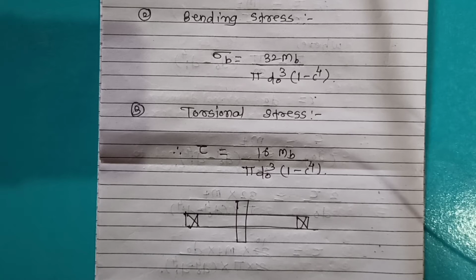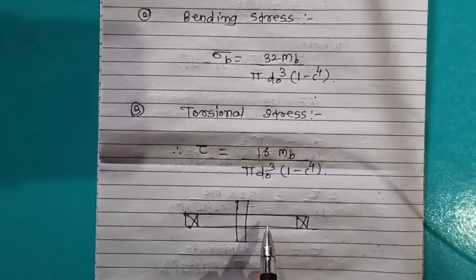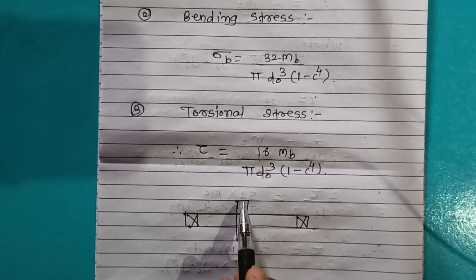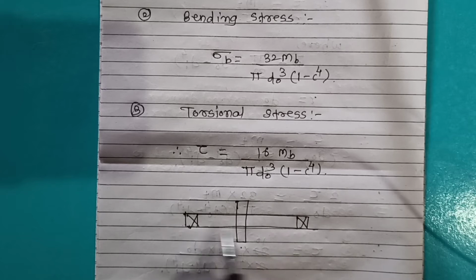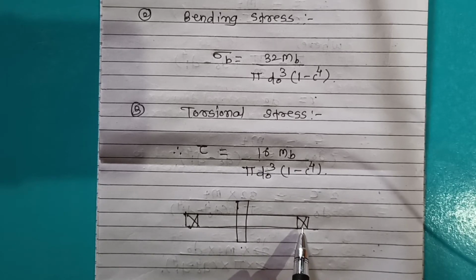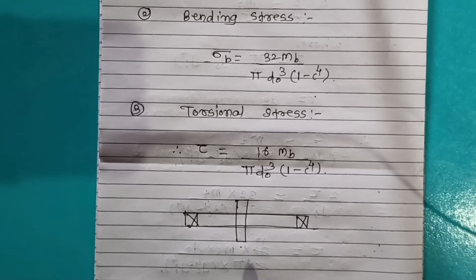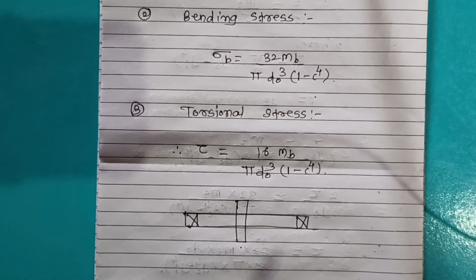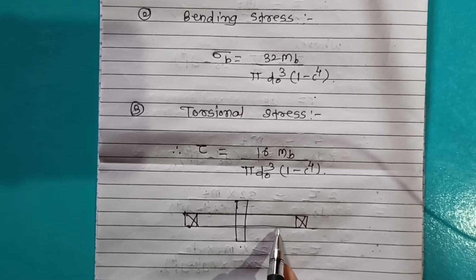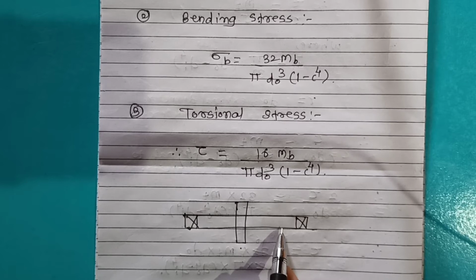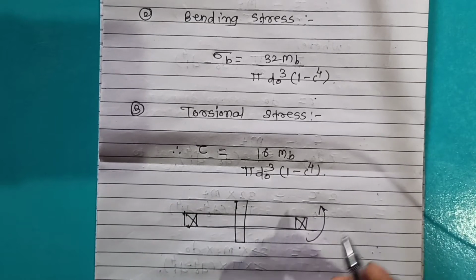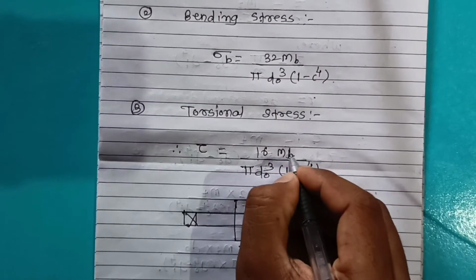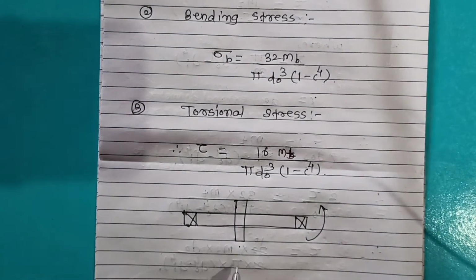Listen carefully. Now I am considering one shaft. On the shaft one pulley is mounted at the center, and at the two ends bearings are used for supporting purposes. Then the motor starts to rotate and the shaft starts to rotate, and because of the rotation a torsional moment acts on the shaft, and due to the torsional moment torsional stress acts on the shaft.